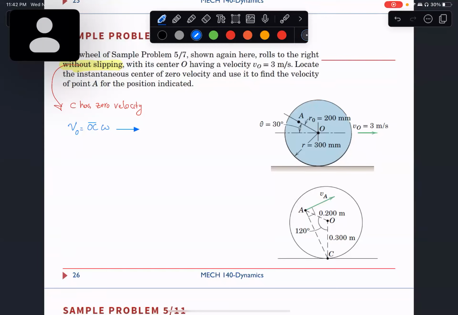Okay? Now, omega of the body then is equal to VO over this length. VO is 3. That length is 0.3 or 300 millimeters. So I find omega to be 10 radians per second.